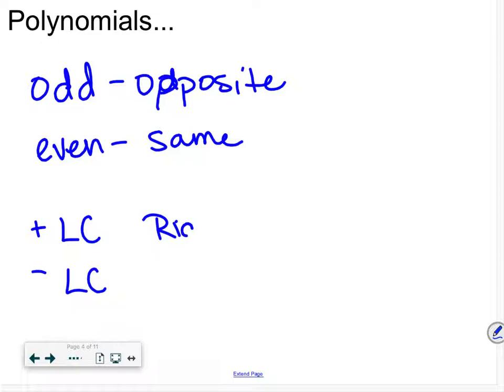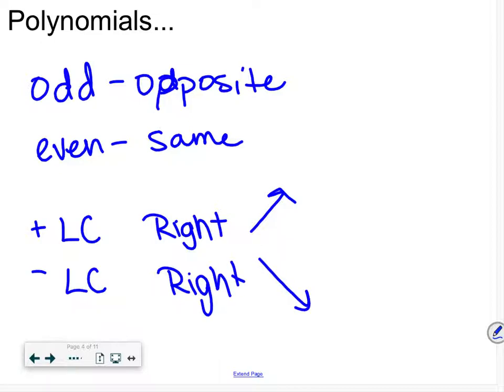If we have a positive coefficient, the right is going to rise. If we have a negative coefficient, the right is going to fall. That's called the leading coefficient test. You learned it in Algebra 2. You reviewed it in pre-calculus, like probably around this time. That's what we did today in pre-calculus, to be truthful with you.